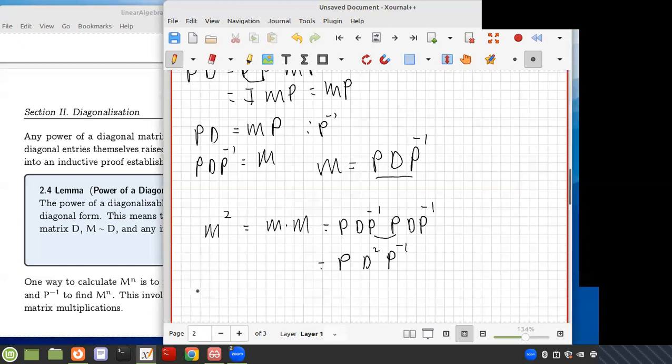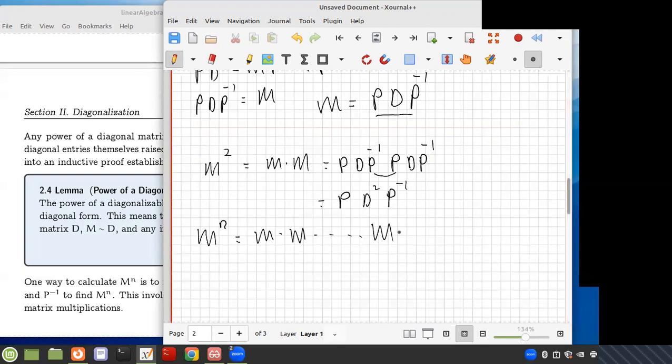Now you can see that this is going to work for n just as well, because I'll have n copies of M: M times M times M times M, n copies.